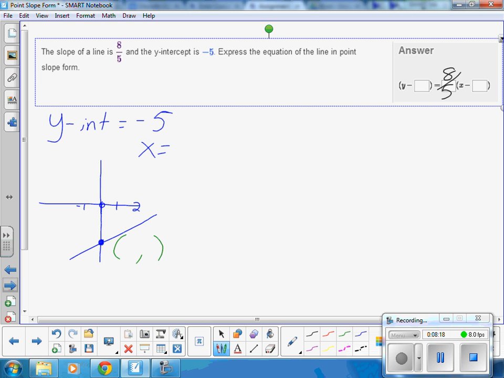So this is 0, negative 5. If the y-intercept was 3, the ordered pair would be 0, 3. If my y-intercept was a negative 1, my ordered pair would be 0, negative 1.